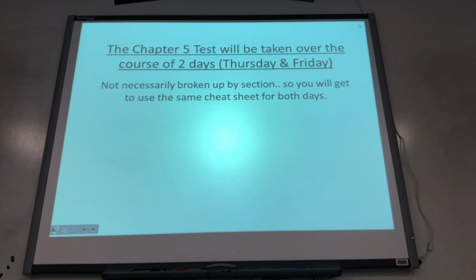Again, I don't think you need more than one cheat sheet, because it's not that there's a lot of material, it's just that some of the problems take a lot of time. So again, one full one-sided cheat sheet for both days. You'll turn it in tomorrow and get it back on Friday. So don't make 2 cheat sheets. You only get to use 1. Any questions about how that will work? Handy dandies you get on both days too, of course.